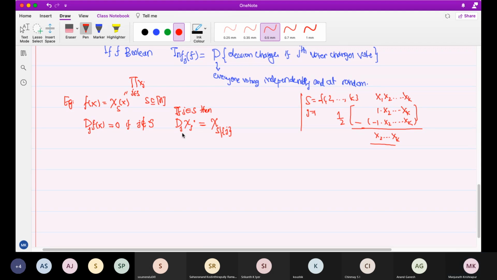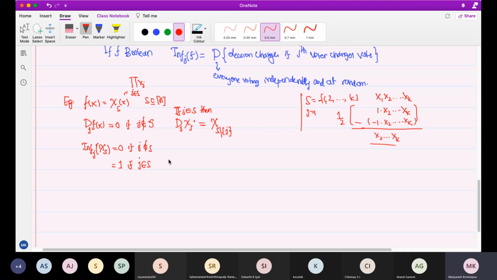Otherwise, it is 0. So what is the influence of the jth variable there? Obviously 0 if j is not in S, and if j does belong to S, it is actually this. And what is the L2 norm squared of this? This is of absolute value 1. So this L2 norm squared is 2 to the n, divided by 2 to the n, so it is 1 if j does belong to S. Is that correct?